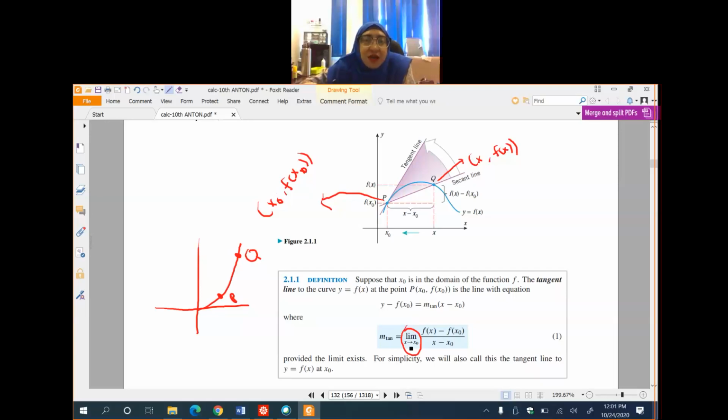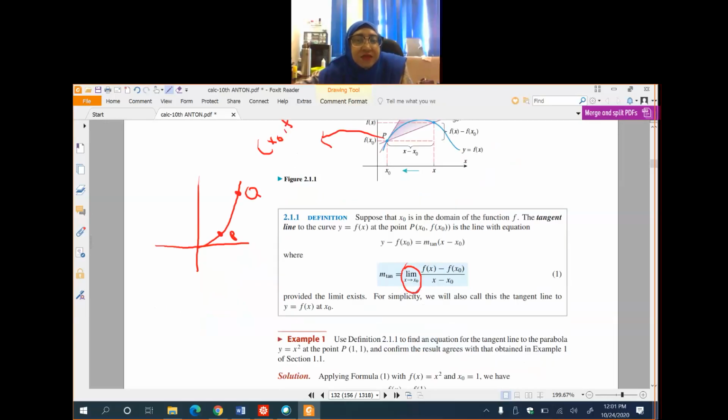That's why we have the limit x tends to x naught. We can also write the limit of f of x approaching f of x naught, but normally this limit is expressed in terms of x. It indicates that Q is moving towards P. So this is the slope of the tangent.